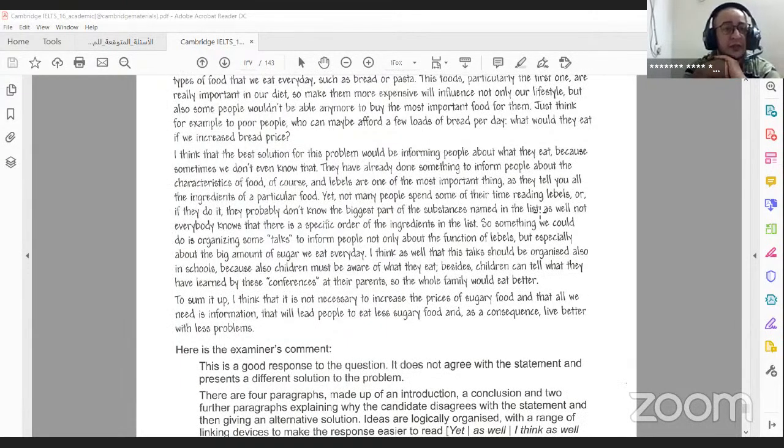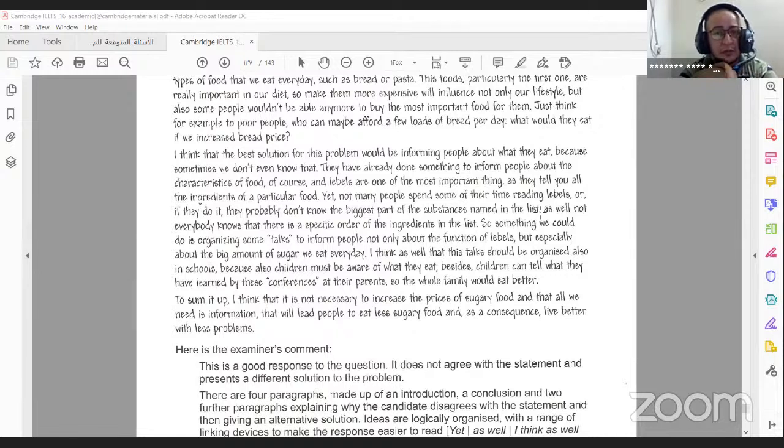I think that the best solution for this problem would be informing people about what they eat, because sometimes we don't even know that. They have already done something to inform people about the characteristics of food, of course, and labels are one of the most important things, as they tell you all the ingredients of a particular food.